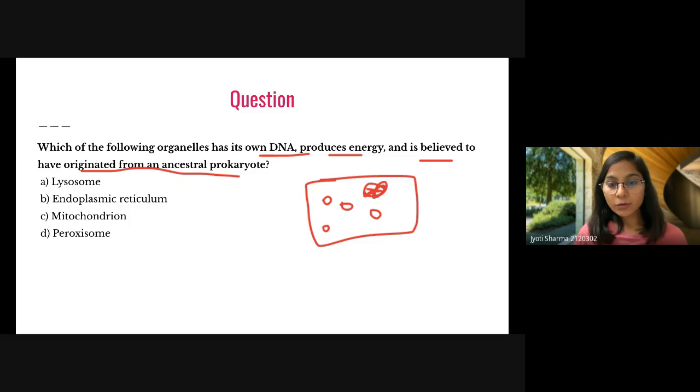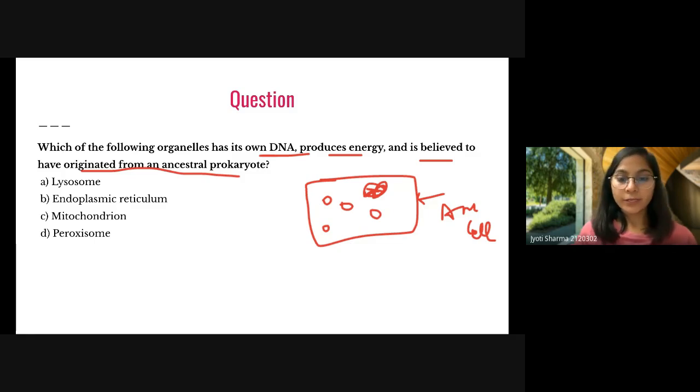Let's say this is not the bacterial cell, but an animal cell. The animal cell is a eukaryotic cell, right? So you have to tell me the name of the organelle, either this or this or this.